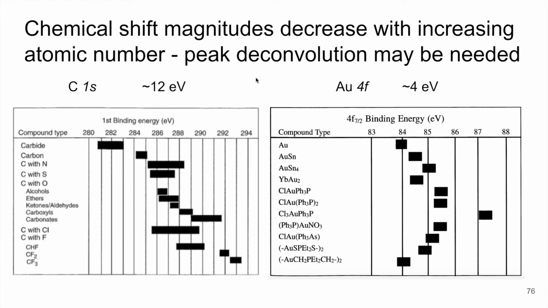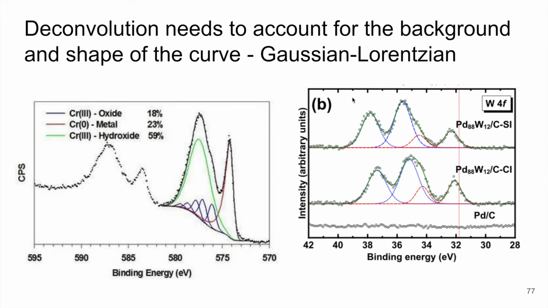And so a lot of times what we call peak deconvolution, so fitting multiple peaks into one, has to be used in order to determine the different amounts. So something like this. If you just look at the peak itself, which is the black curve with the dots, you can see that it's not very symmetric.